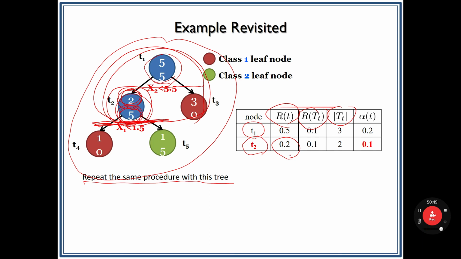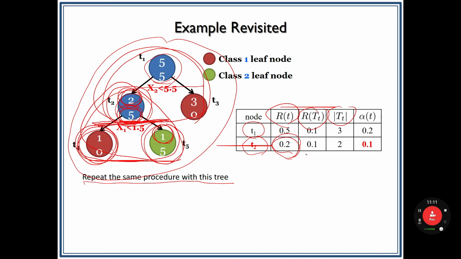So the error rate is 0.2. And how many observations are misclassified by this lower part? In fact, there are no misclassified objects in this leaf node, but there's one. This one is now misclassified by this leaf node, right?